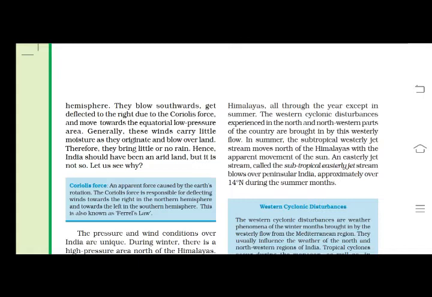This is also known as Ferrel's law. The northeasterly winds blowing towards the south are deflected to the right by this force, and move towards the equatorial low pressure.